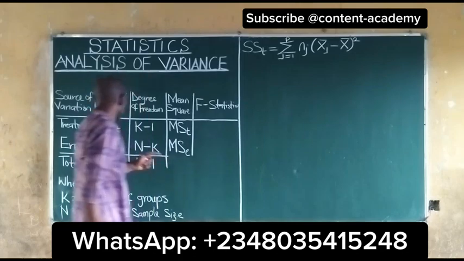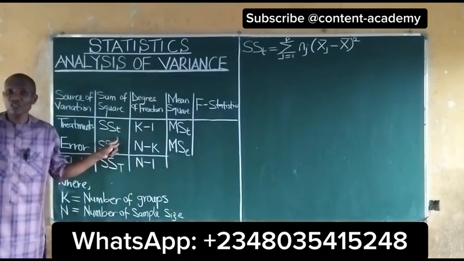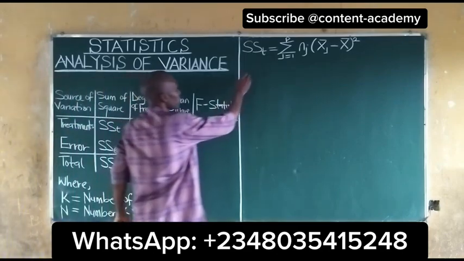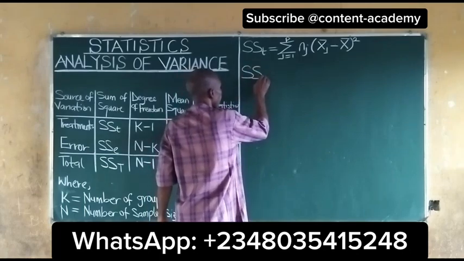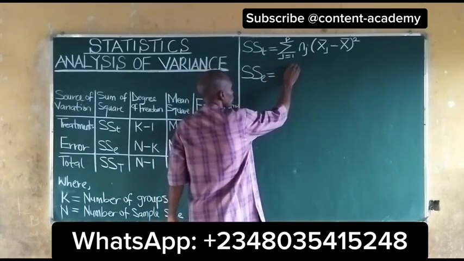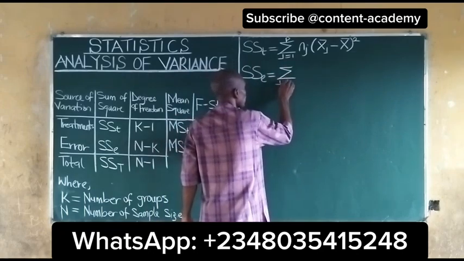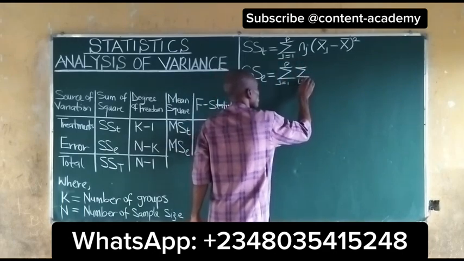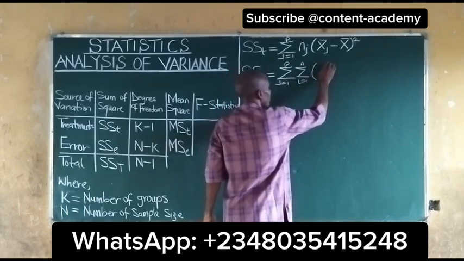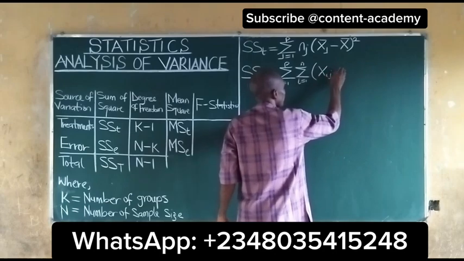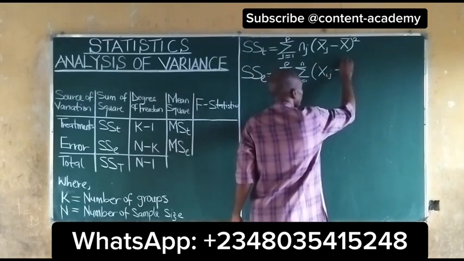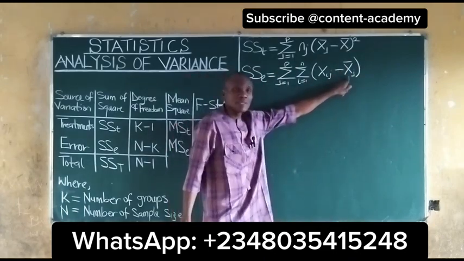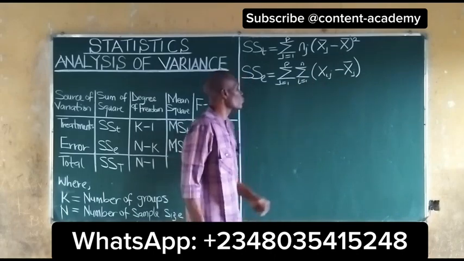Now, that is for the sum of square treatment. How about the sum of square error? To calculate the sum of square error, it is equal to the summation of j running from 1 to p, then the summation of i running from 1 to n, of xij minus x bar j. So this means it is within groups.